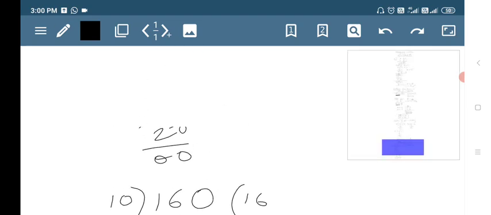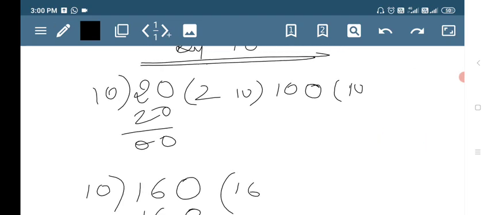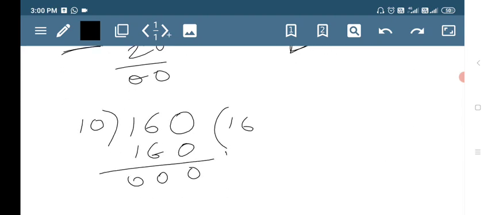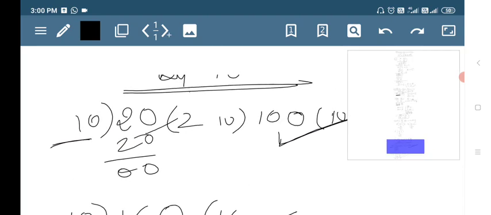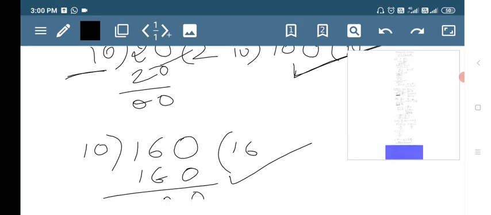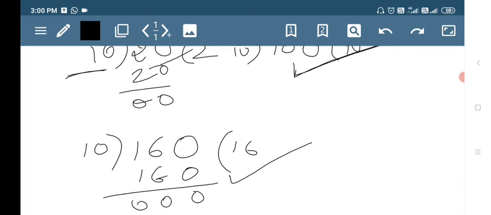So by observing all these numbers, 20 is divisible by 10, 100 is also divisible by 10, 160 is also divisible by 10. By seeing all these three numbers, what can you conclude about the divisibility of 10? Yes, very good.